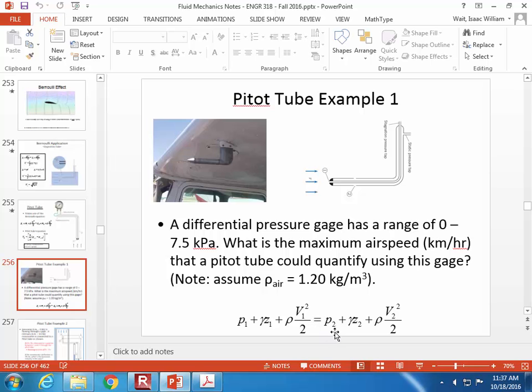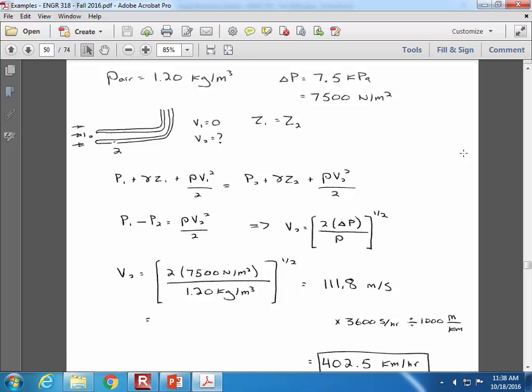I'm sorry, it's actually P2 is equal to 0, and P1 is the 7,500, because it's location 1 that's going to have the elevated pressure. Between the two of them, one has higher pressure than the other, and it's the location that's intercepting the streamlines. So the delta P set to the maximum, and then we can rearrange Bernoulli's equation to make that substitution.